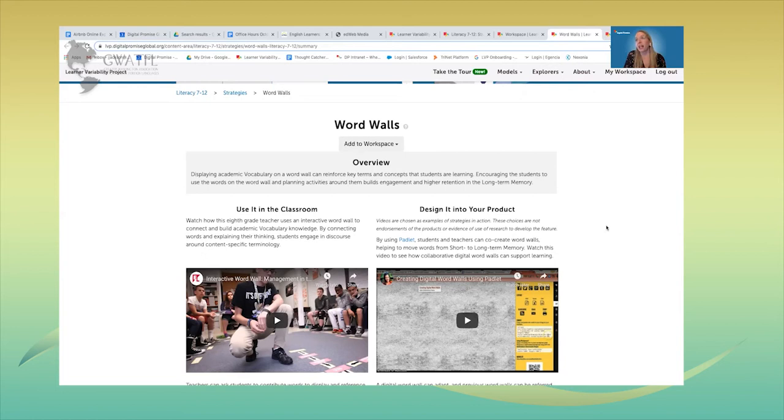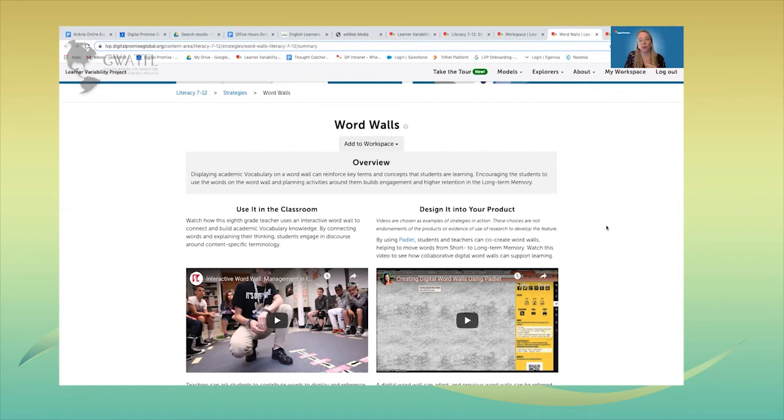Also, one of the challenges that many people are having right now is how to translate things that they used to do in person instruction and how to make that go online. Word walls is one of those things we typically think of as being in a classroom on a wall, but there are lots of tools you can use to help this strategy go virtual, including something as simple as a Google slide, having different words on different slides grouped there, along with pictures and other visuals and links to different things.